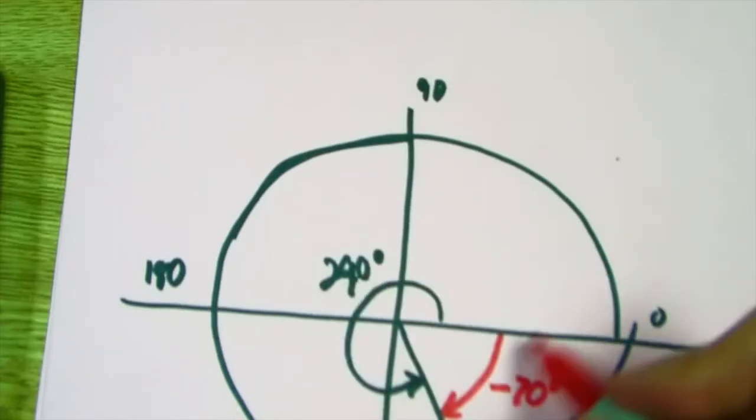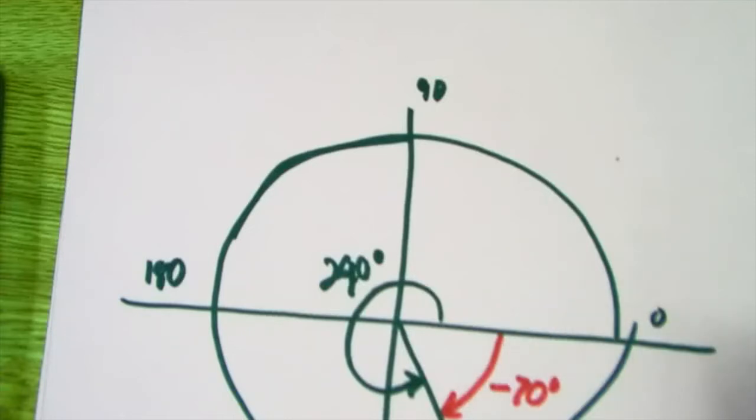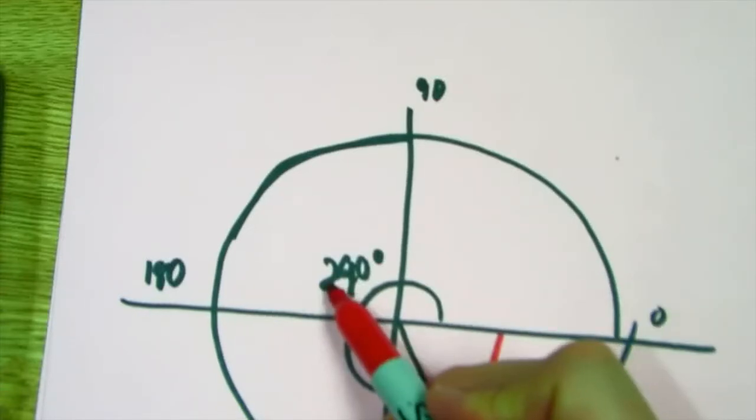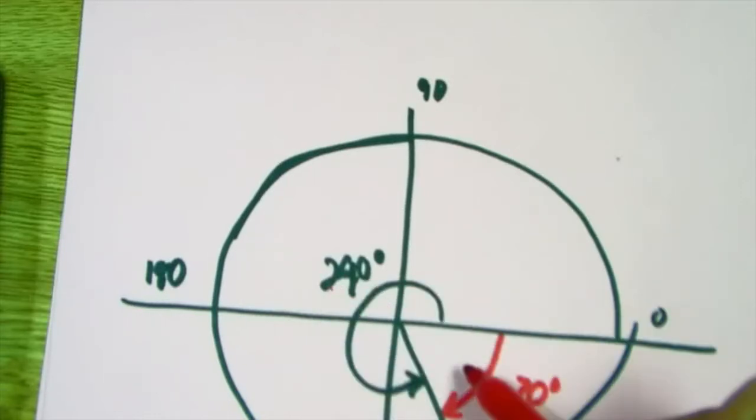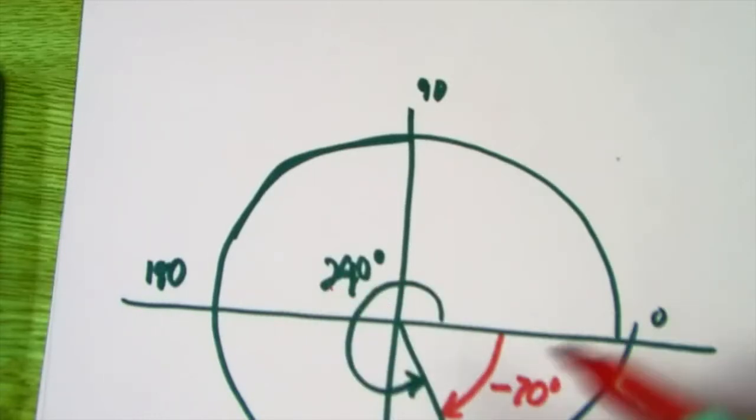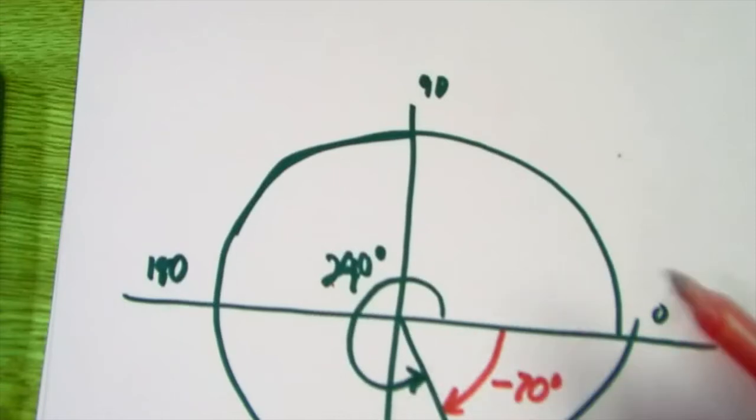I only went to 290, so there's a 70-degree difference here. Another angle could be adding 360 to 290, so going another full rotation, and that would be 650 degrees. Or we could subtract another 360 from negative 70 and get negative 430 degrees, sorry. So those are some options.